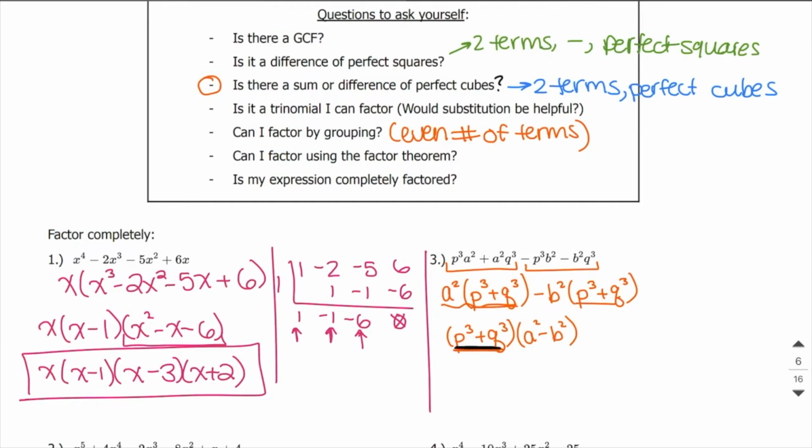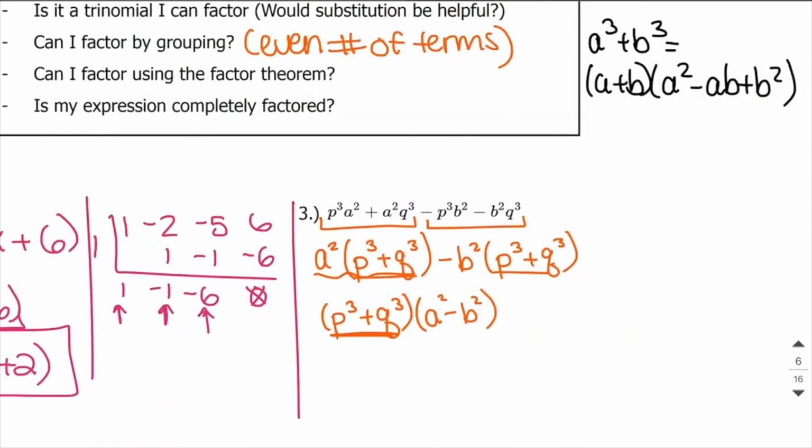We have perfect cubes. So just a reminder that if I were to factor a sum of perfect cubes, we know that a cubed plus b cubed is going to be equal to a plus b times a squared minus ab plus b squared. So in this expression right here, the a is like p, so we can say a is the p, and the b is like q, so we can say b is q.